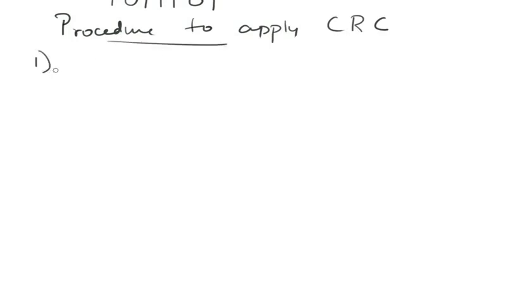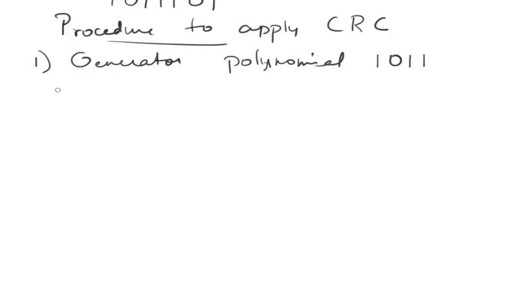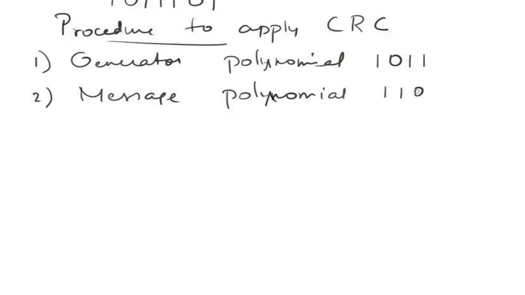The first step is we need to take the generator polynomial and write it in terms of a string of ones and zeros. The second thing is we need to take the message. The message polynomial also has to be written in this form, in ones and zeros.